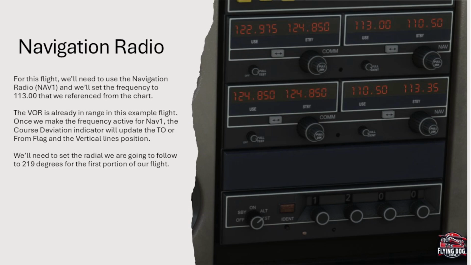I mean, the basic blocking and tackling, if you will, here is putting in the correct frequency for the VOR, being in range, and then also taking a look at a chart and thinking about what pathway, what radial you want to fly toward the VOR and then away from it to get to the next part of your flight destination.